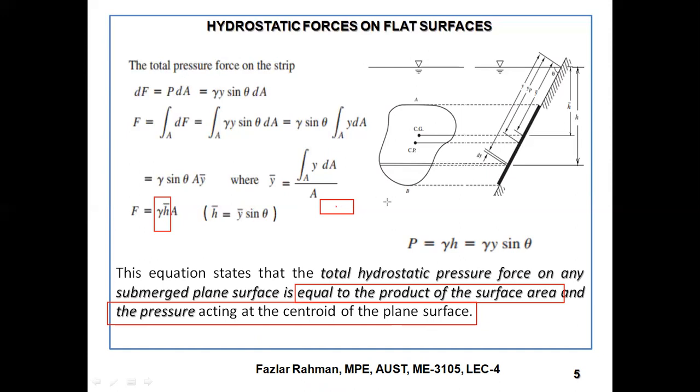For example, you might have a trapezoidal plate, or a rectangular plate, or a hexagonal plate. Any type of plate you might need to work with. So you just need to figure out the vertical depth of the CG, then figure out the pressure at the CG, multiply by the area, and you get the force.